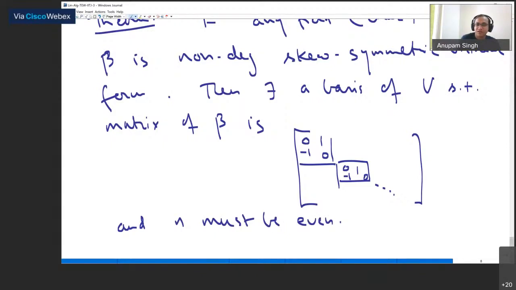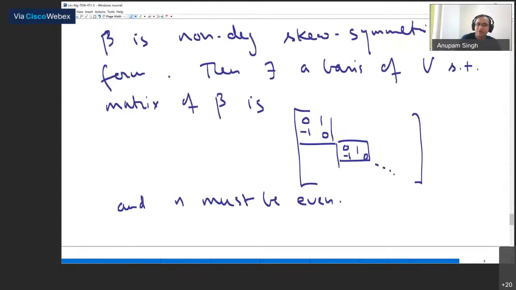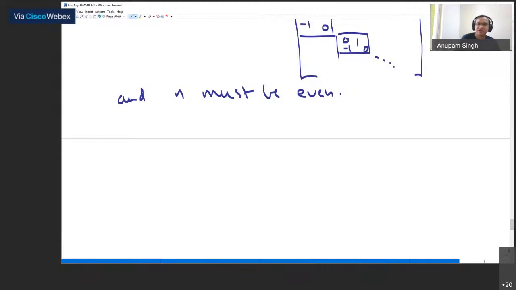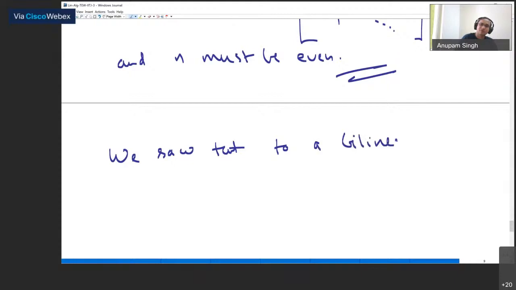Okay. This fact sometimes we can derive quite easily from knowing how the matrix of a symmetric or skew-symmetric bilinear form looks. So we saw that to a bilinear form we can associate a matrix.